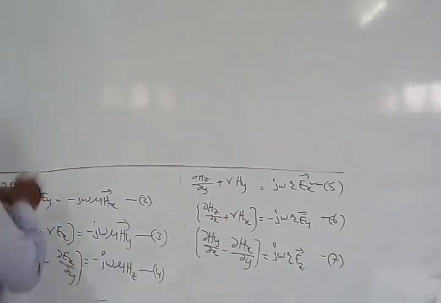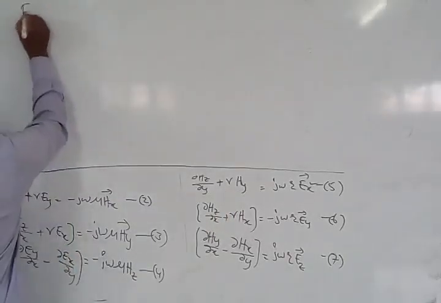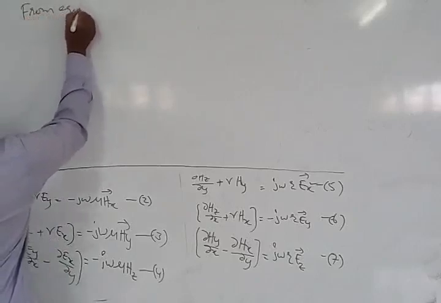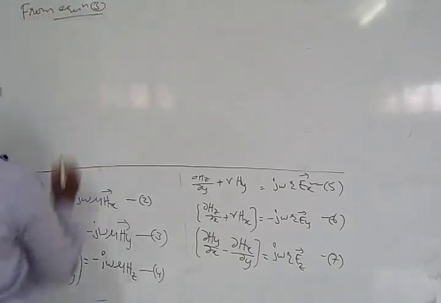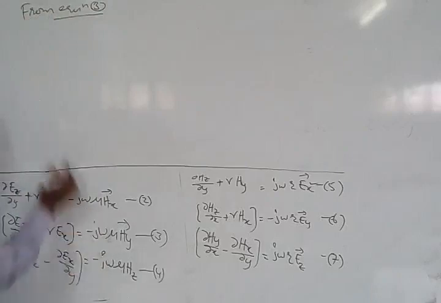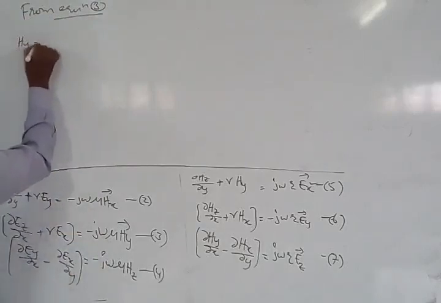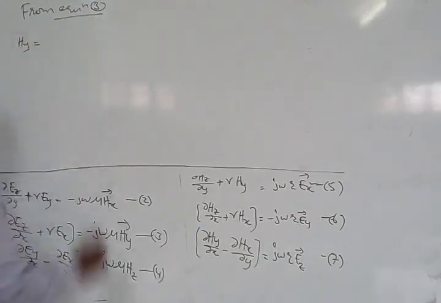Let us see now. From equation 3, what can I write? Hy is equal to, now see here, I have a minus here, so these two minuses will get cancelled. I will get a plus over there.